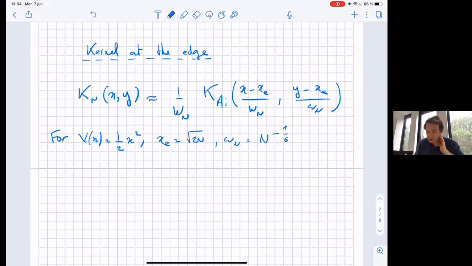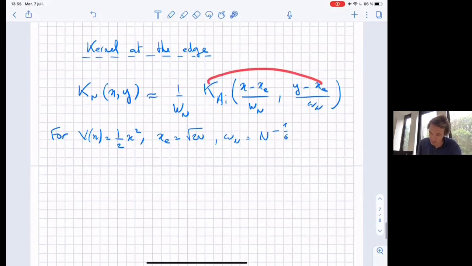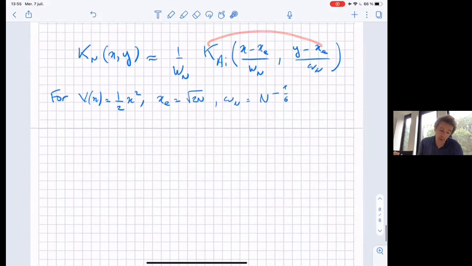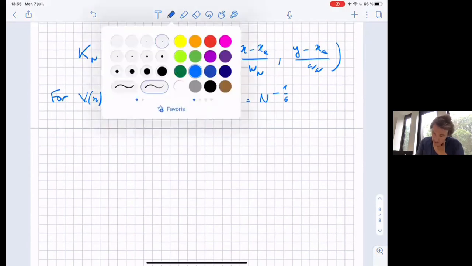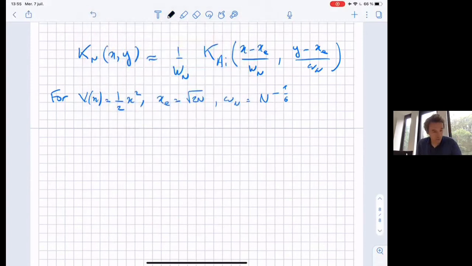Now the question is, what is this nice function here? What is this K Airy? Well, this is called the Airy kernel, which became quite famous since Tracy and Widom. Even, in fact, I should say Peter Forrester also, because he was somehow the first one to derive this Airy form.